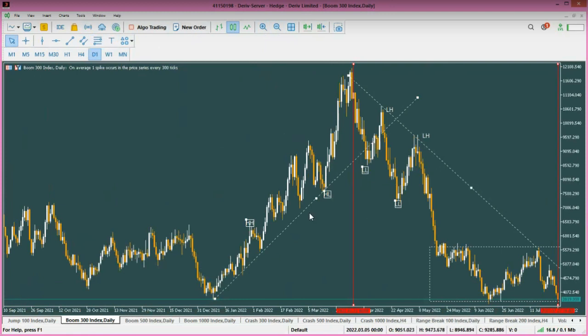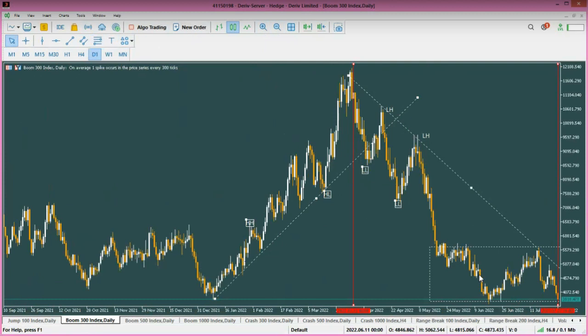If it is doing a series of higher highs and higher lows like this one, then you already know that it is an uptrend market. If it is making a series of lower highs and lower lows like this one, then you already know that it is a downtrend market.